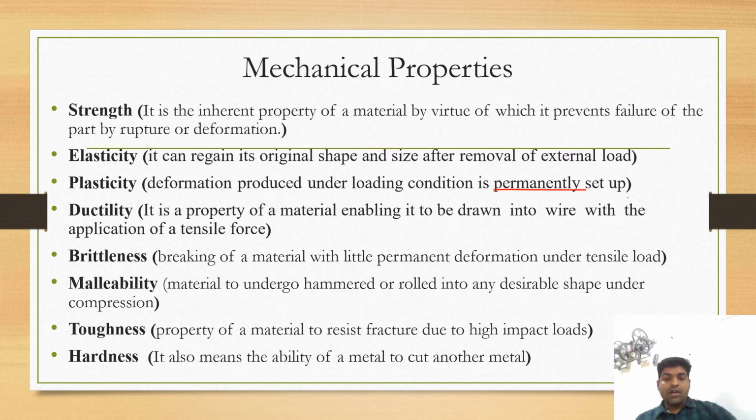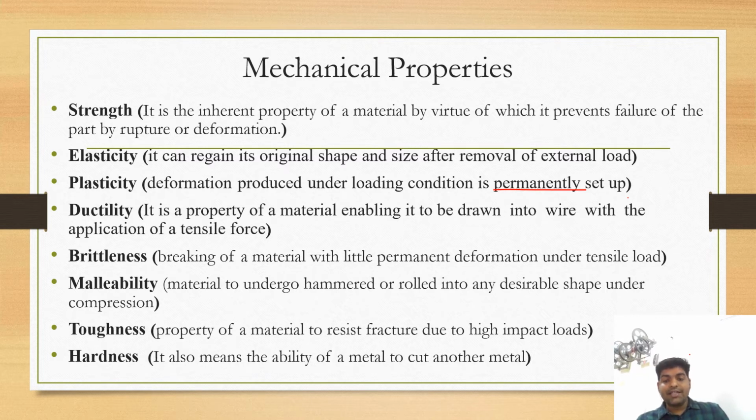Next one is toughness. It is the property of a material to resist fracture due to high impact load or high sudden load like hammer blows. Next one is hardness. It is the property of a material by virtue of which it gives resistance to wear, deformation and machinability.